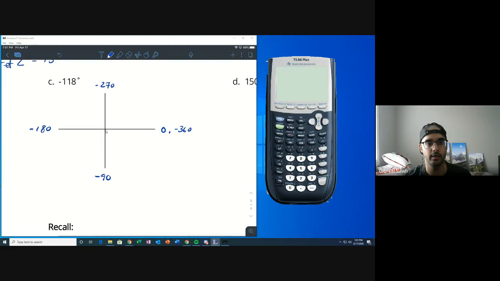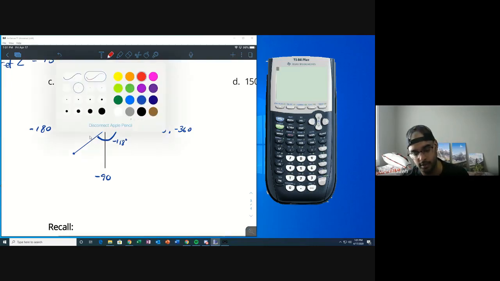So we're going to draw in our angle of negative 118 somewhere in quadrant 3. Okay. Now the direction's important. So this direction, x-axis starting point clockwise to terminal arm, that will give us a negative 118 as our angle for standard position.